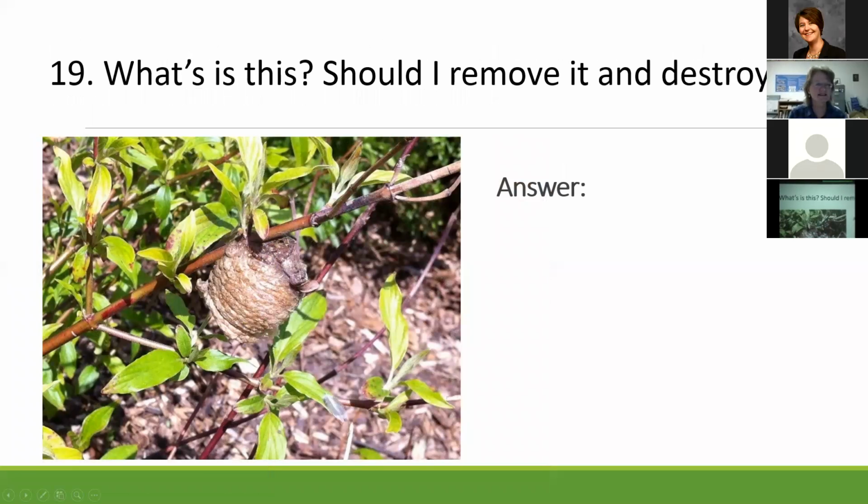What is this? Should I remove it and destroy it? Wasp nest or gall, praying mantis ootheca.